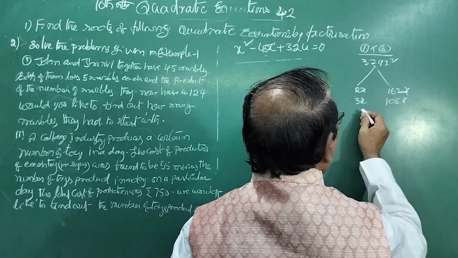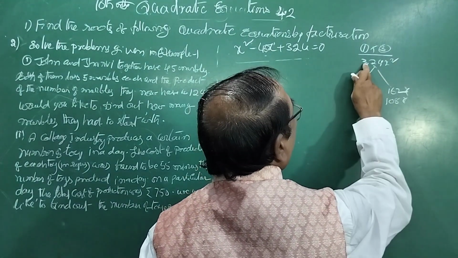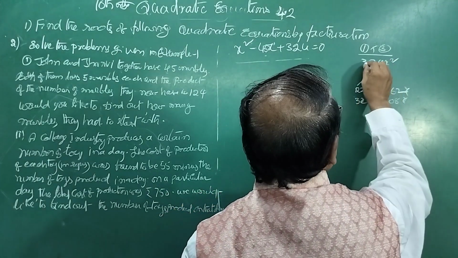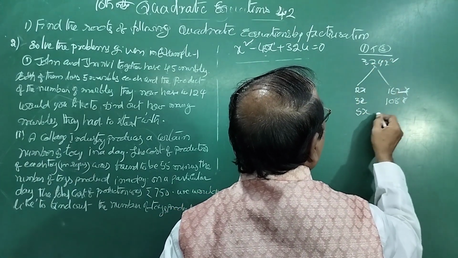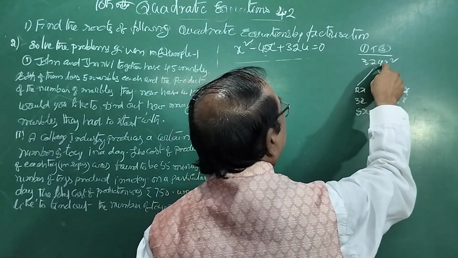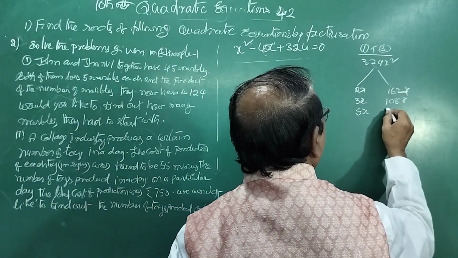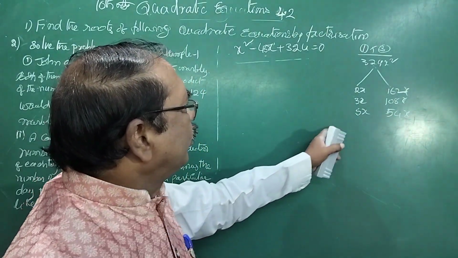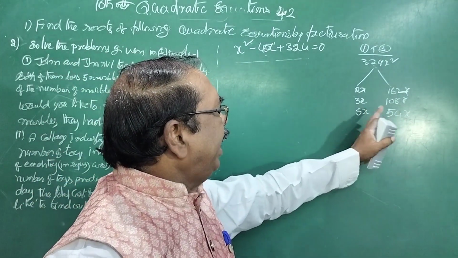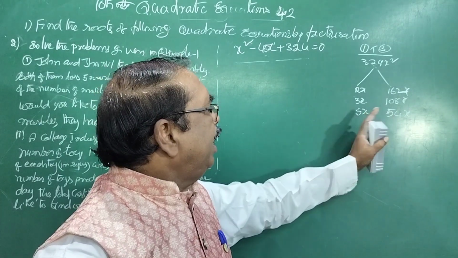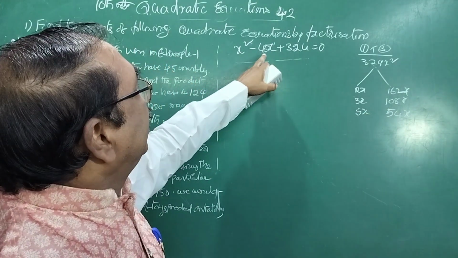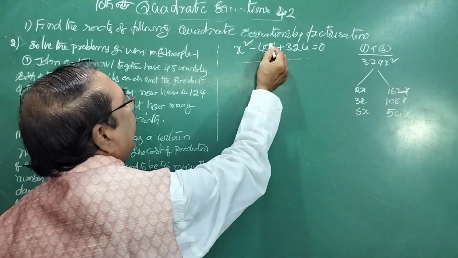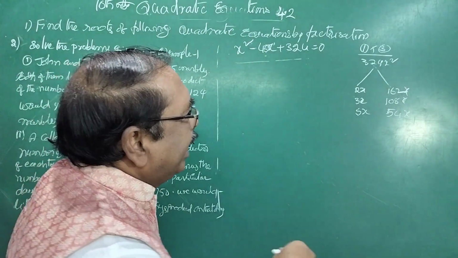Further, let us see 4. 4 does not go, 5 does not go, 6 goes: 6 times 54. 4 times 81, if we add it is 85, subtract 77, but it must be 45x only. Yes, further let us see.